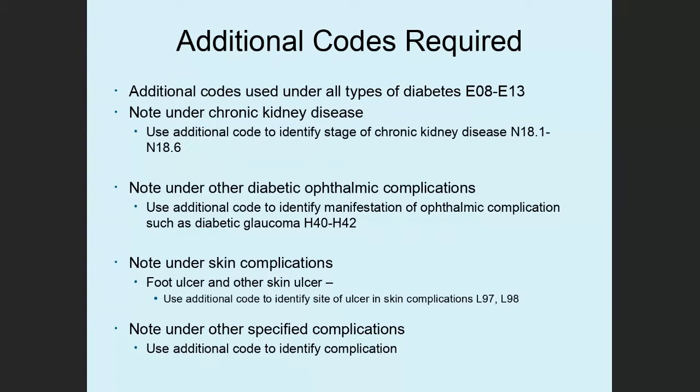For skin complications of diabetes, under the codes for foot ulcer and other skin ulcer, it's use additional code to identify the site. So all of these require a diabetes code and another code. And notice that all of them say use additional code, which means the diabetes code is listed first. And then also under other specified, it says use additional code to identify the complication.